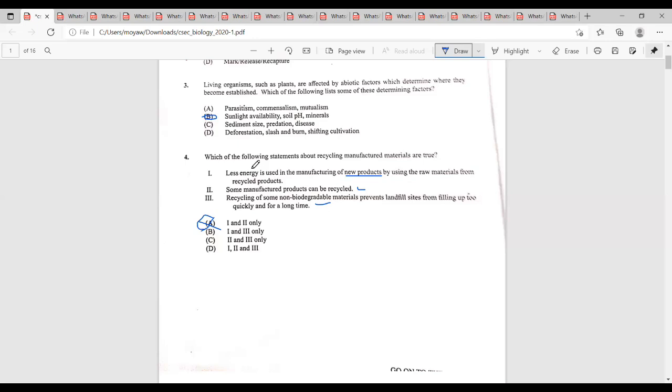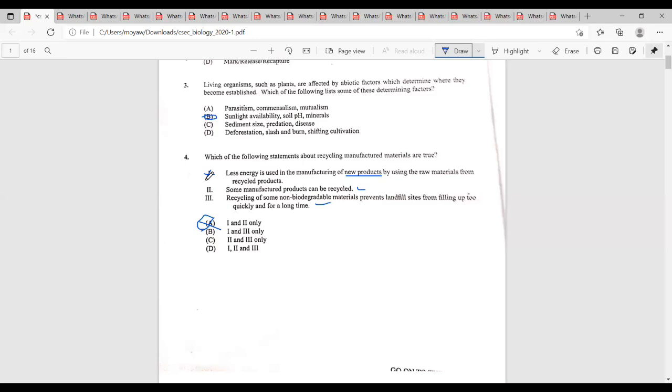Less energy is used in the manufacturing of new products by using the raw materials from recycled products. I am going to say this one is not true because it would depend on the type of raw materials that you're getting and also the products that you want to create.